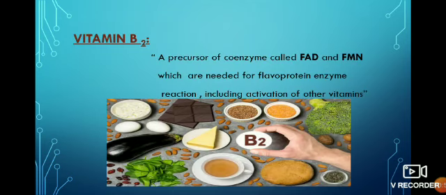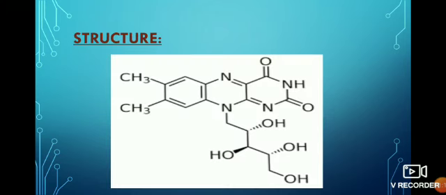Now comes vitamin B2, which is riboflavin, a precursor of coenzymes called FAD and FMN, which are needed for flavoprotein enzyme reactions, including activation of other vitamins. B2 sources are here in the picture. Here is the structure of B2.